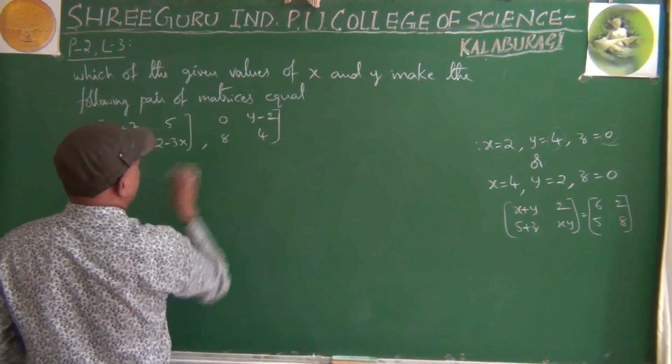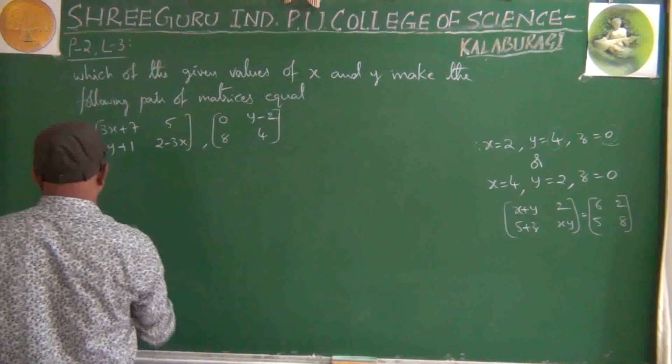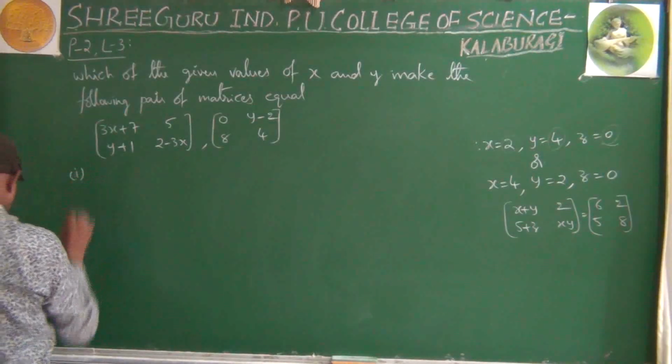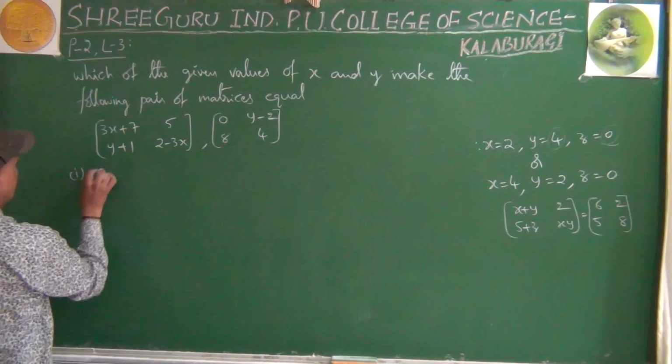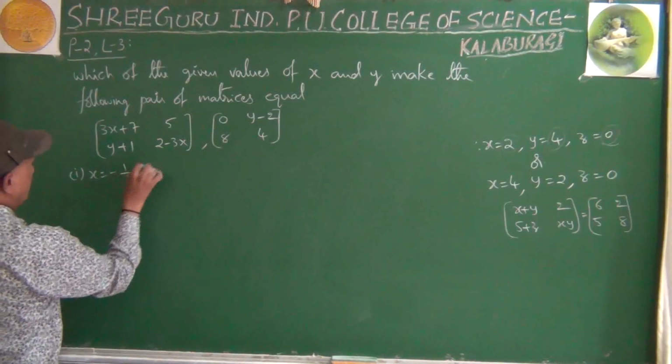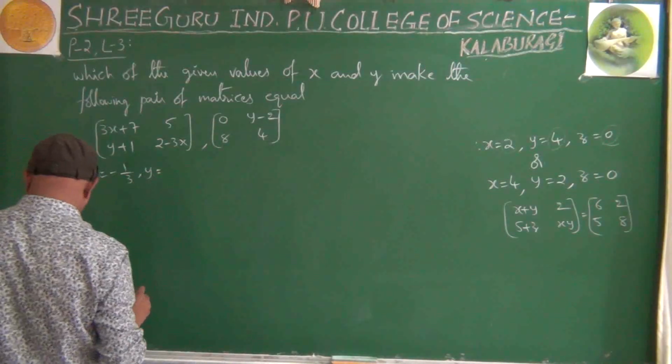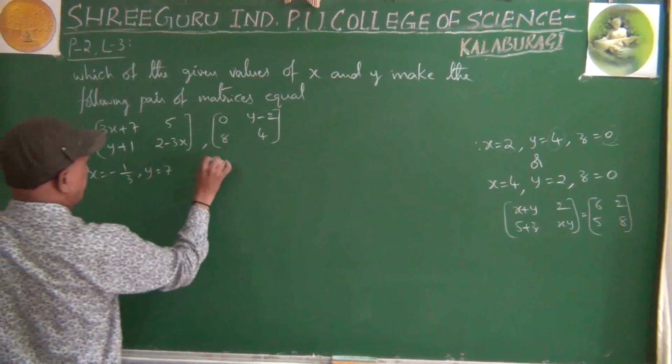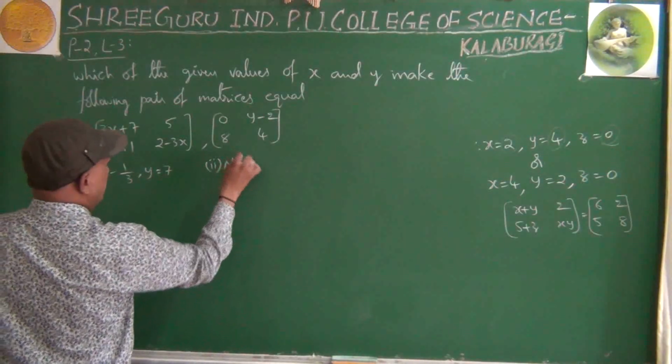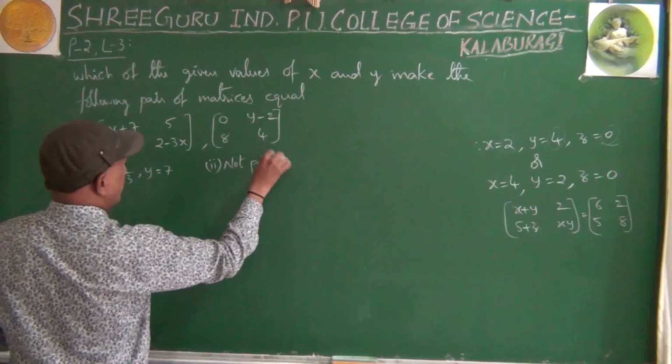This is also an objective question. Options are there. First option, x equal to minus 1 by 3, y equals 7. Second option, not possible.